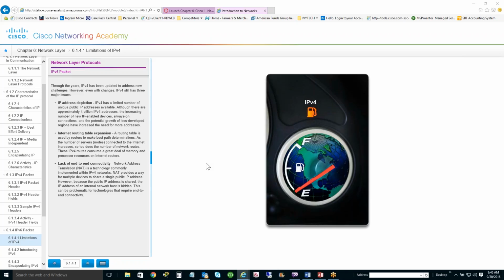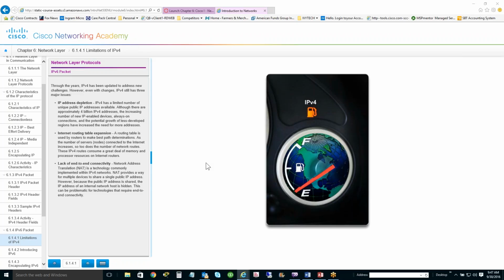And then lack of end-to-end connectivity. The way that we are getting around the lack of IPv4 addresses is we're using a technology known as NAT. Basically what NAT is, it stands for Network Address Translation, and most of your routers, your home internet router, is actually doing NAT.